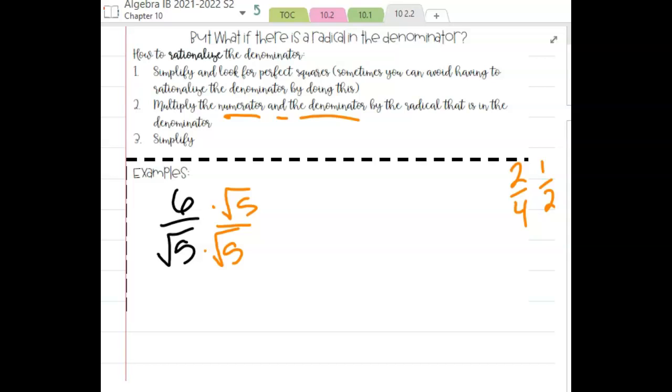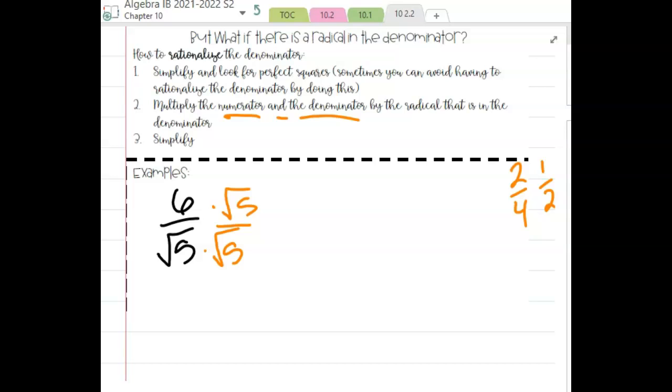But if I multiply by the square root of 5 over the square root of 5, think about this. What's 5 over 5? 1. And if I multiply by 1, it doesn't change the number. Right? Okay, so if I multiply by the square root of 5 over the square root of 5, what is the square root of 5 over the square root of 5?